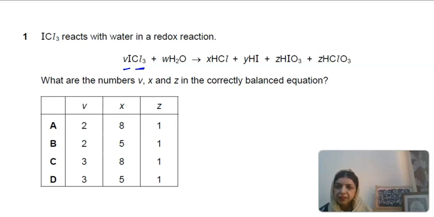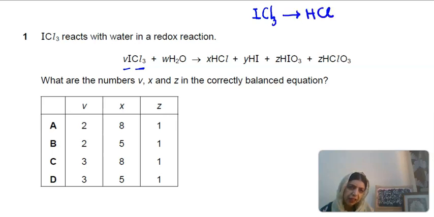The different thing is that in this equation you have ICl3, which is turning into HCl plus HClO3. And you have another thing.